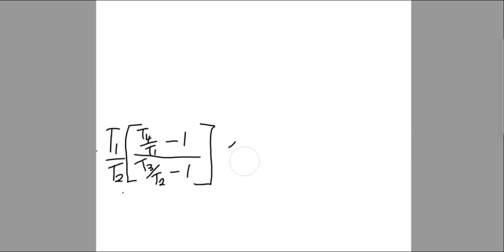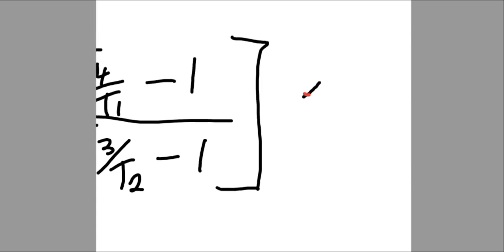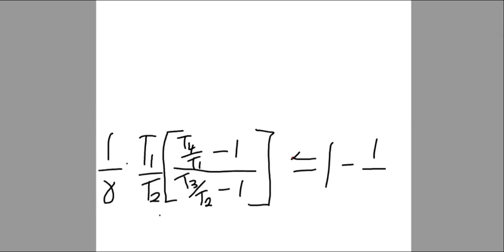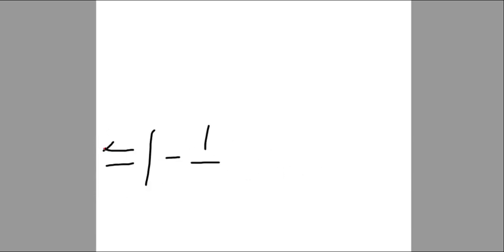So we just impute those values into this formula back here, and we write this back as 1 minus 1 over gamma, as we originally had our 1 over gamma here.